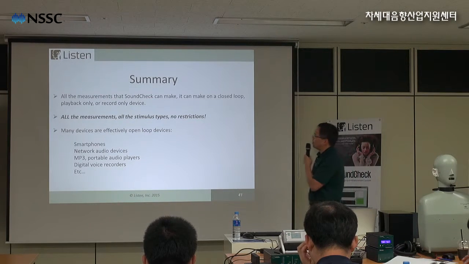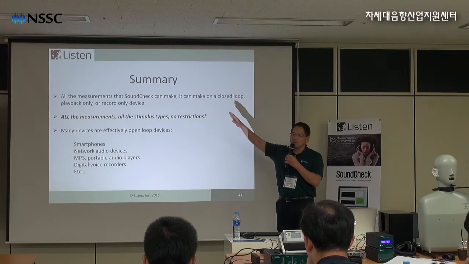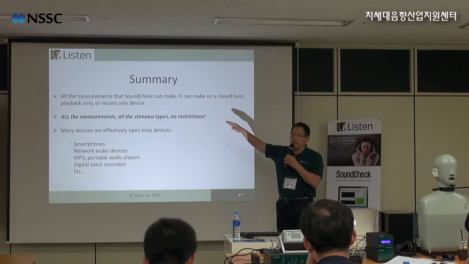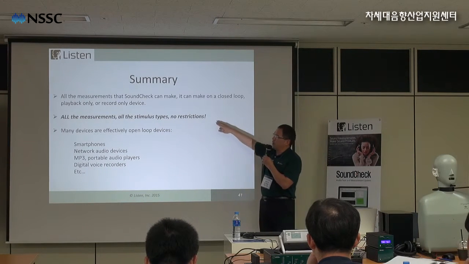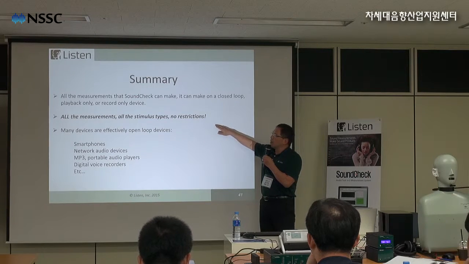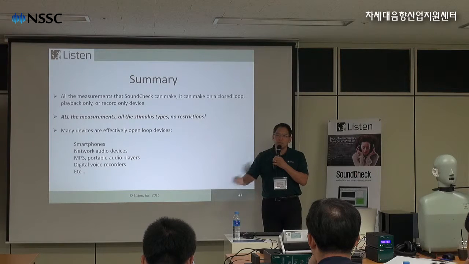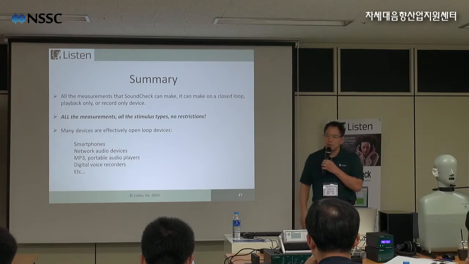Okay, in summary, anything you can make in terms of measurements in a closed loop, you can also make in open loop. And it's any measurement, any stimulus type. There are no restrictions on the fact that you have a traditional measurement where you have a closed loop versus open loop.